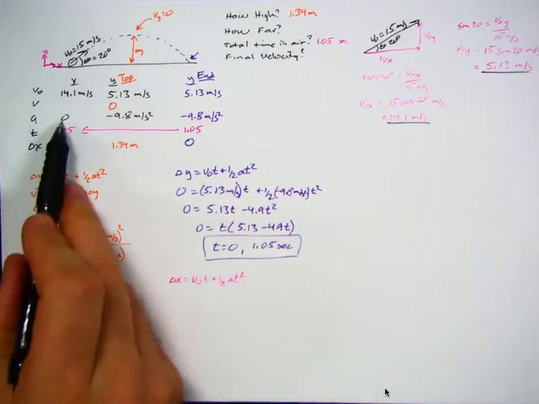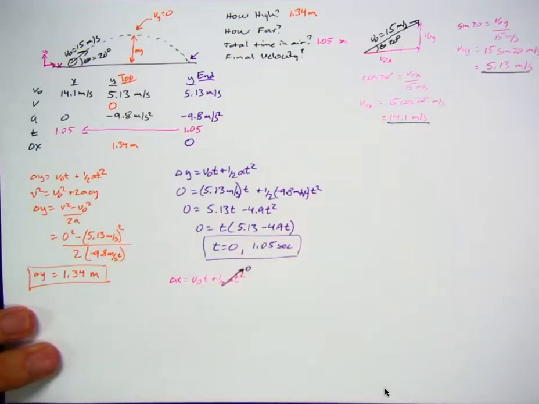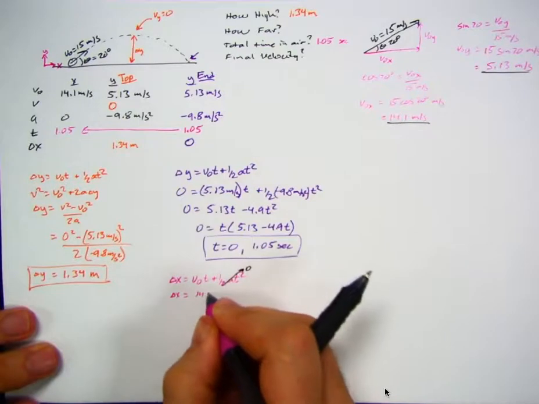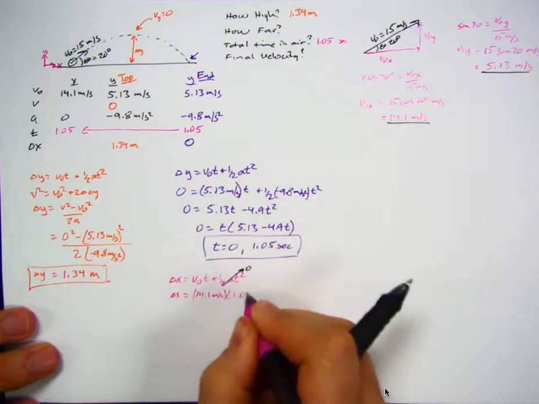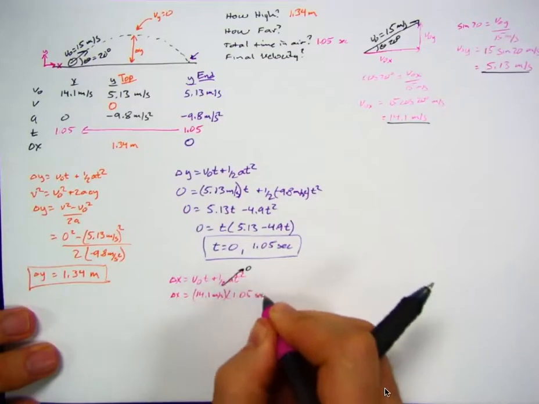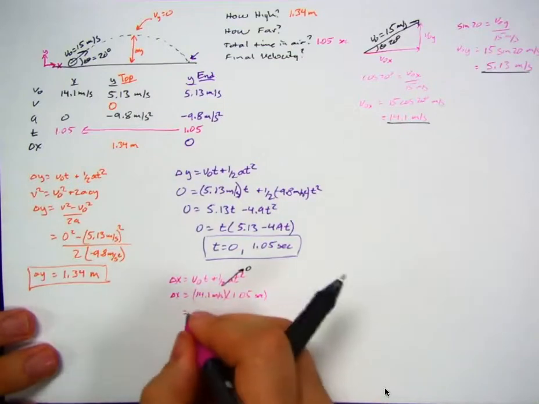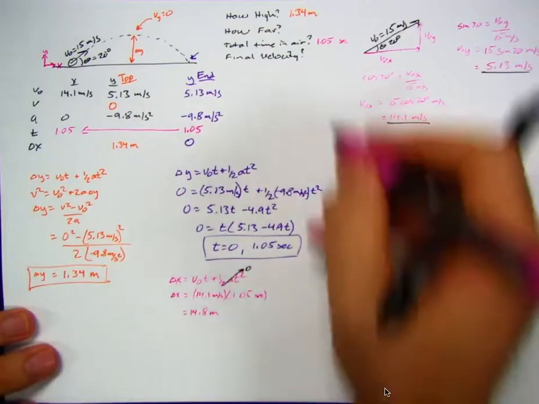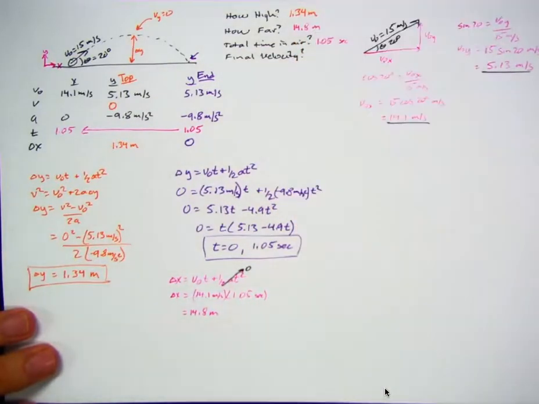I notice that the acceleration is 0, so this whole term goes away, and I end up with delta x equals 14.1 meters per second times 1.05 seconds, or 14.1 times 1.05 is 14.8 meters. So I end up with a 14.8 meter distance is the how far.